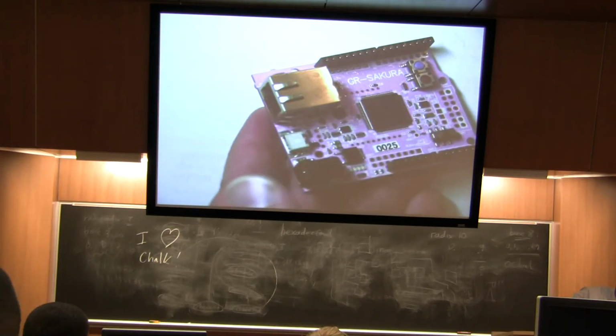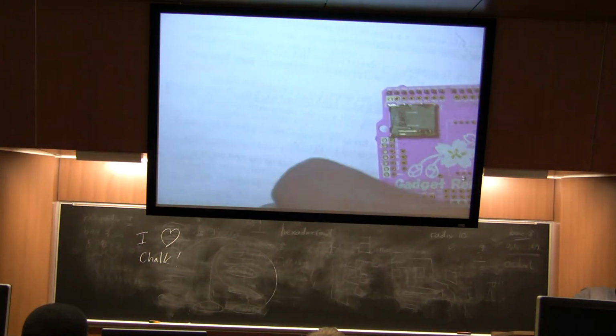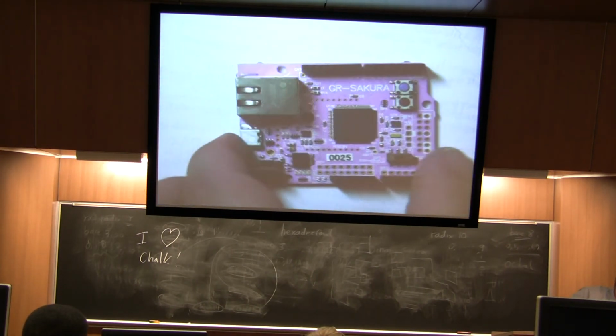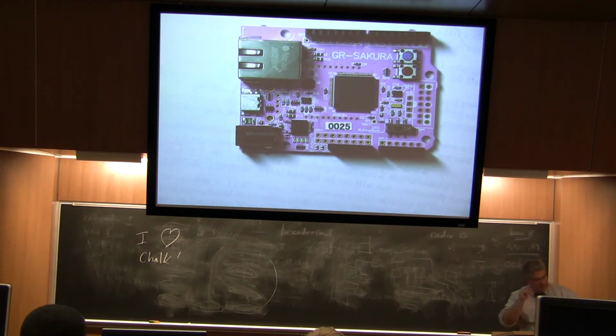It has the SIM card interface on the back. And the other thing that this has that most Arduino devices don't have is lots and lots of memory. And in fact, this is a Renaissance-based RX63N processor, so it's a little bit of upgrade from the one that we used for our class.